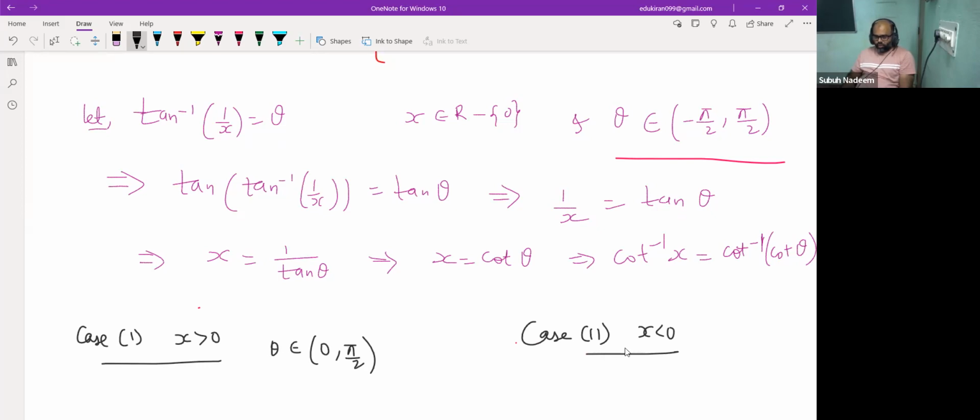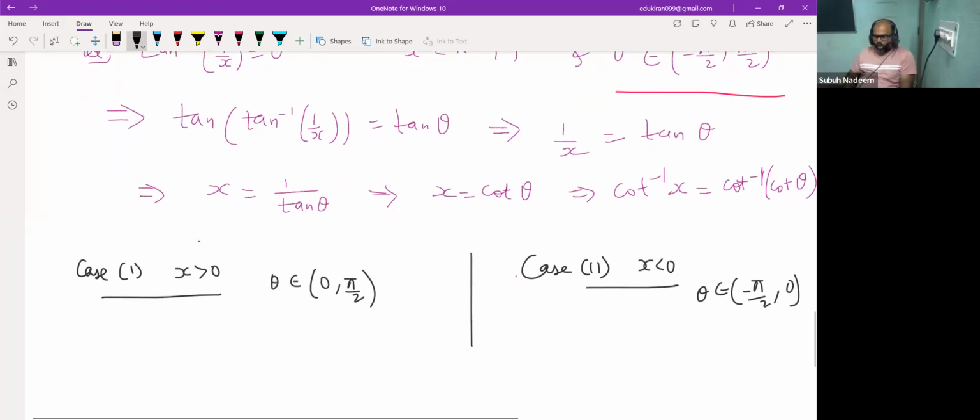And in case 2, when x is negative, 1 by x is also negative, then tan inverse 1 by x gives theta between minus pi by 2 to 0. So minus pi by 2 to pi by 2 has two different cases: one is 0 to pi by 2, another is minus pi by 2 to 0. In the case of 0 to pi by 2, cot inverse also has 0 to pi by 2 in its principal value range.